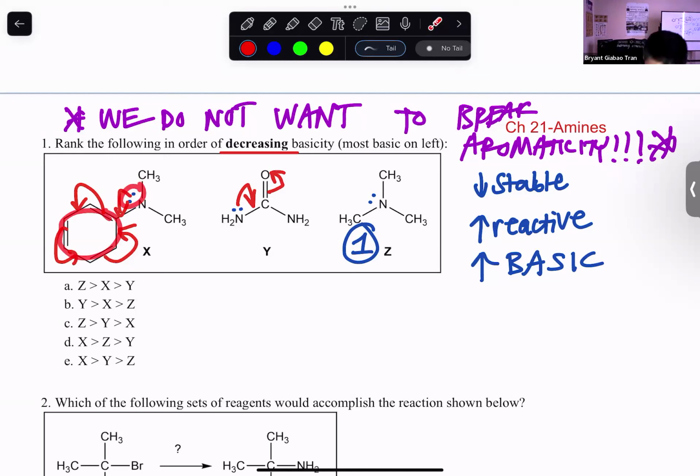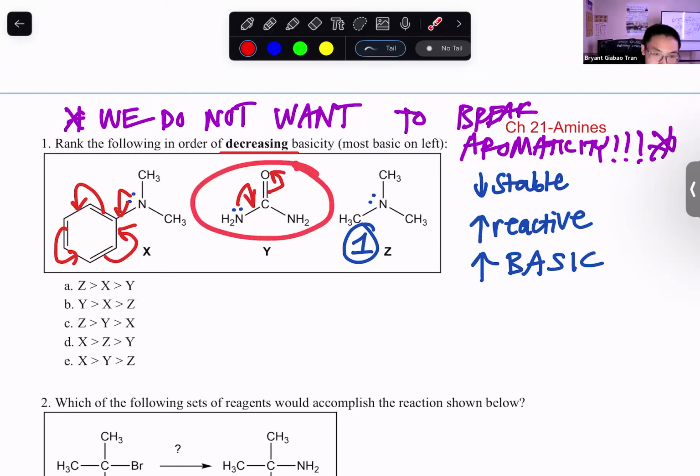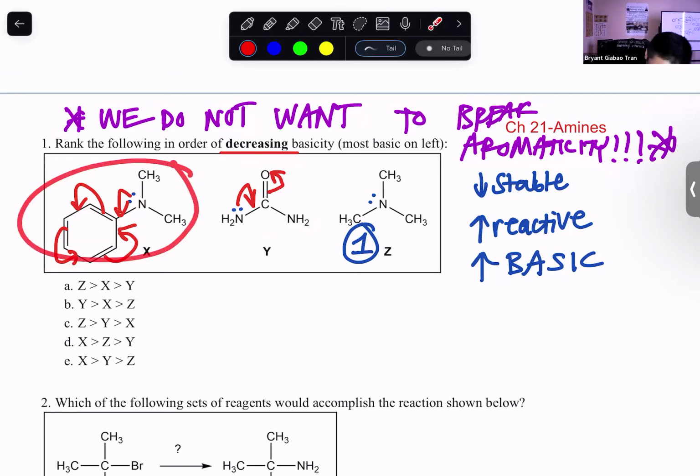So that prevents this lone pair of electrons from doing resonance because we're going to turn this aromatic molecule into a non-aromatic molecule, and that's unstable. So resonance is able to happen here more readily than in this structure, right? So if that's the case, this pair of electrons here is less stable than this pair of electrons because even though it looks like it can do more resonance, it can actually do less resonance, right?